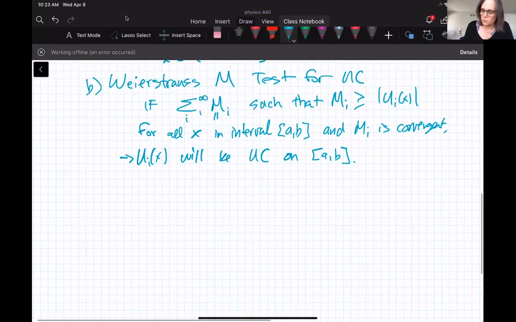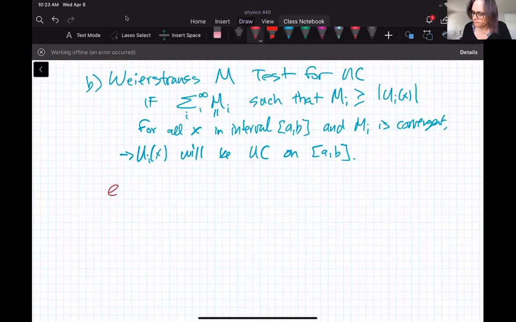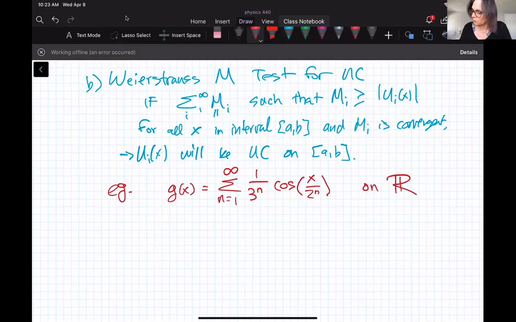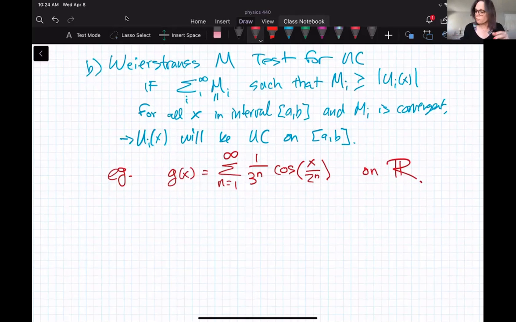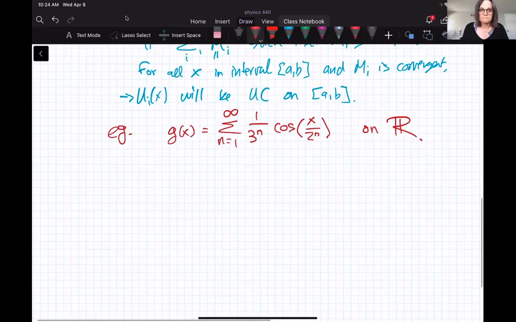Let me give you an example. Let's take a function g of x equal to the sum from n equals 1 to infinity of 1 over 3 to the n times cosine of x over 2 to the n, and we're looking at this on all reals. What could we use for m in this case?